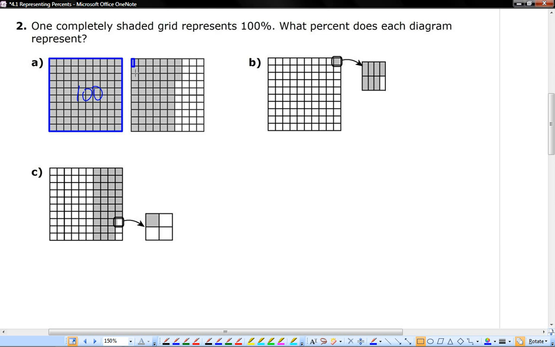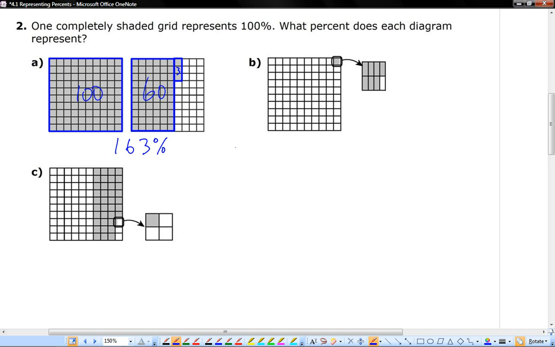You can see that here we have 10, 20, 30, 40, 50, 60. So this is another 60. Plus then we have another 3 right here. So that makes a total of 163% for part A.